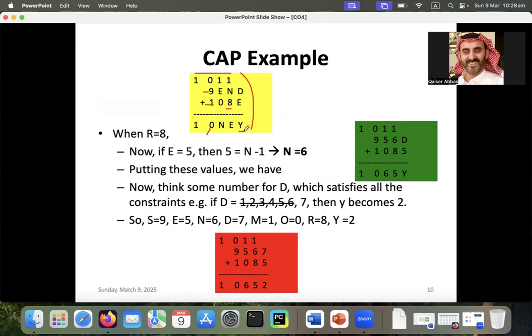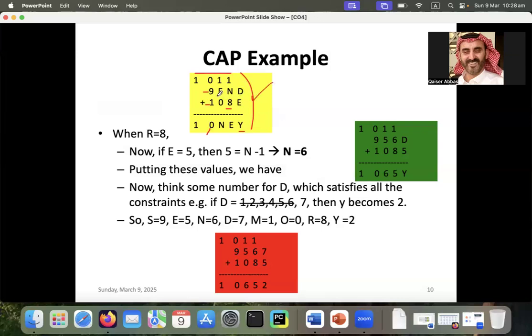So what is left? 7, 6, 5, 4, 3, 2 are left. 0 and 1 are also already assigned. 1 is assigned to M, 0 is assigned to O. So now, what numbers are left? You can only assume them one by one, and then you can see what will happen here in this picture.